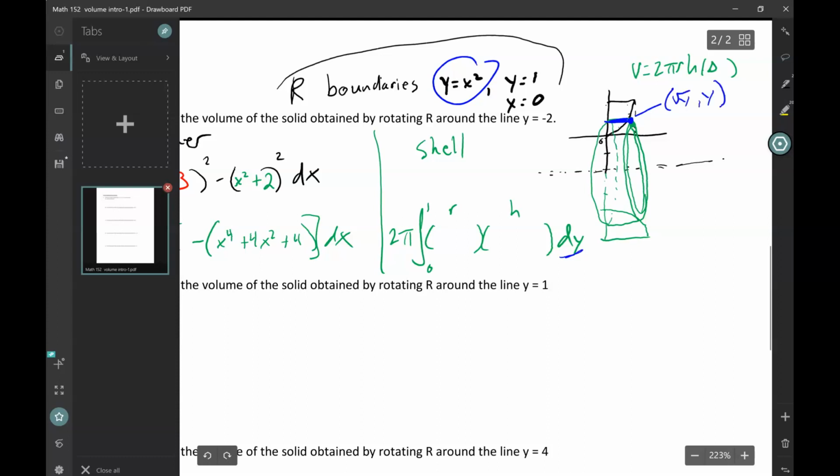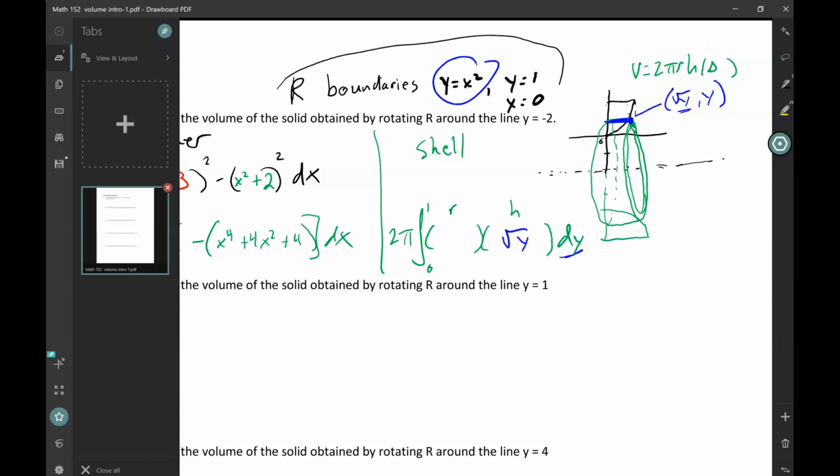That's the coordinates of that point. Okay, so the height is this little blue line here, and that blue line is represented with the x-coordinate, right? Because the x-coordinate is just how far you are from the y-axis. So that means the height would have to be just the square root of y.